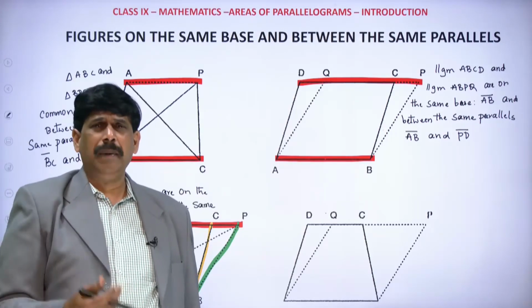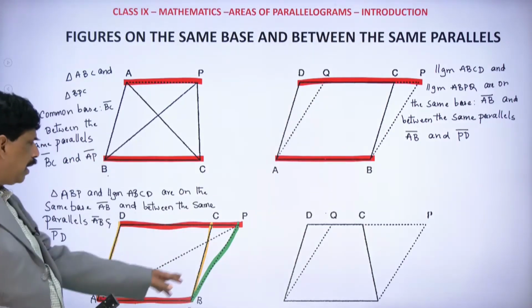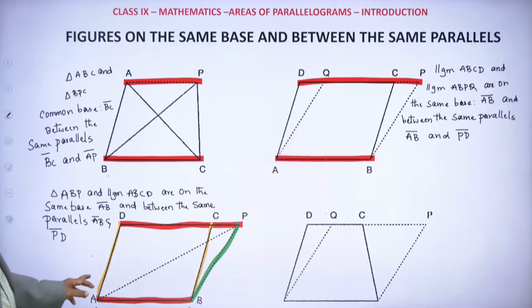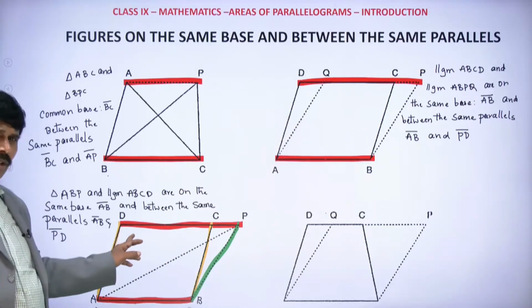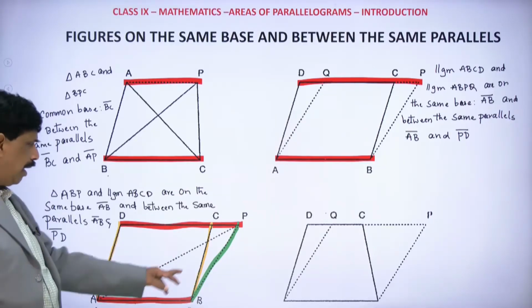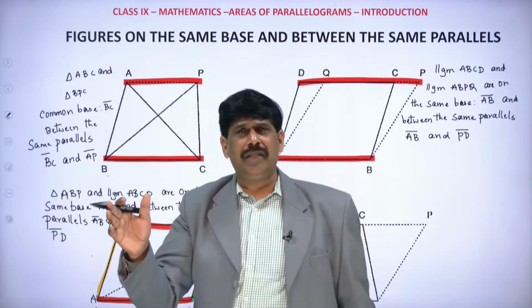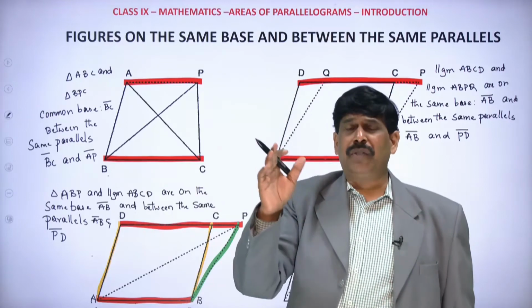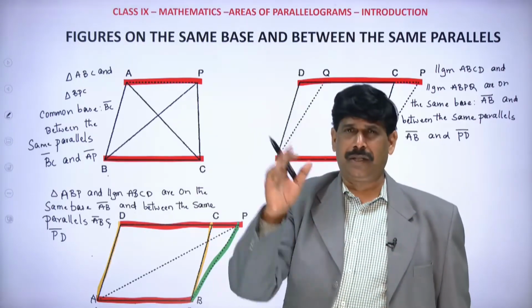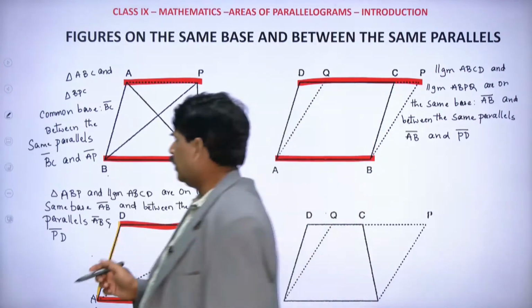So ABPD is one parallelogram, ABCD is one parallelogram, and ABP is a triangle. So they are all on the same base and between the same parallels. Clear?